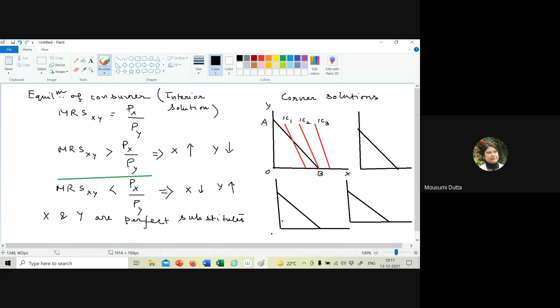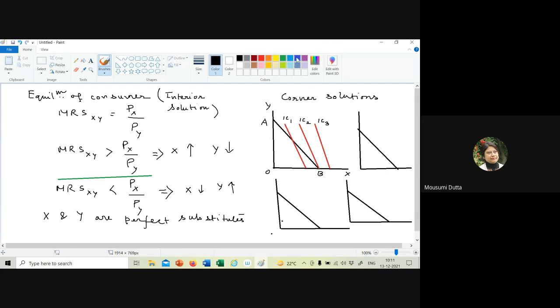B is a corner solution where the consumer is consuming only X.